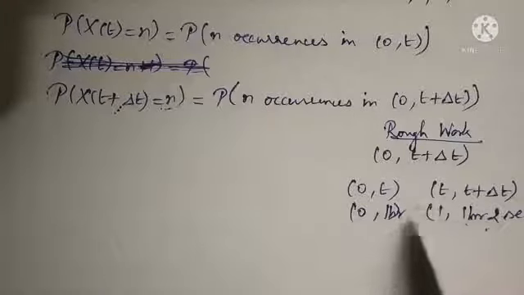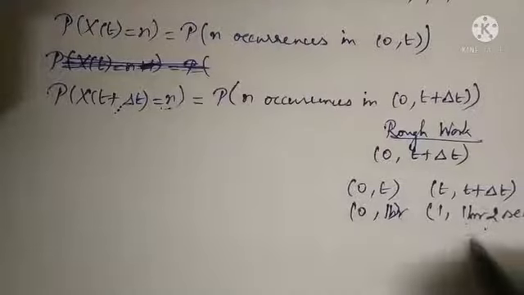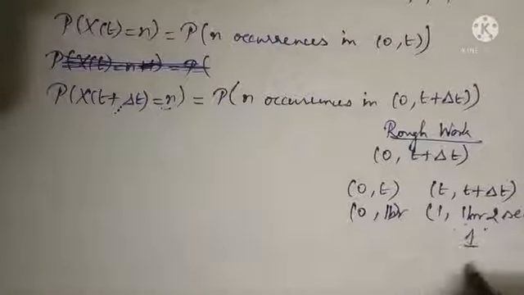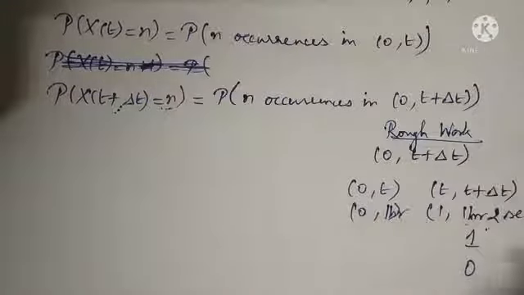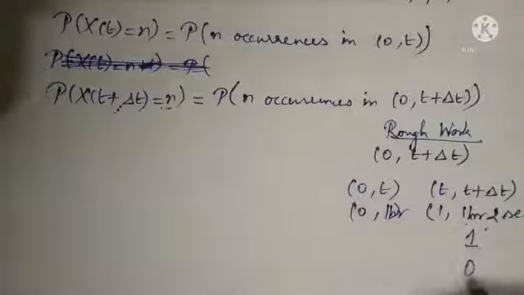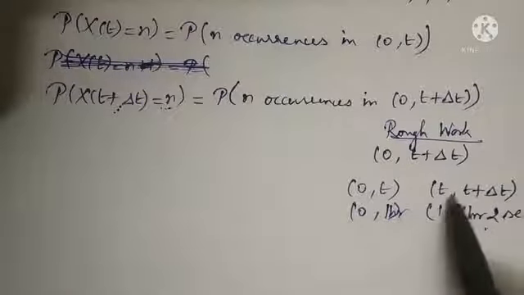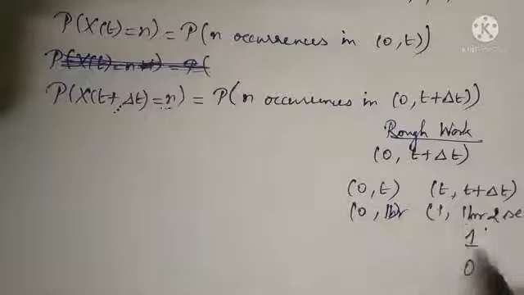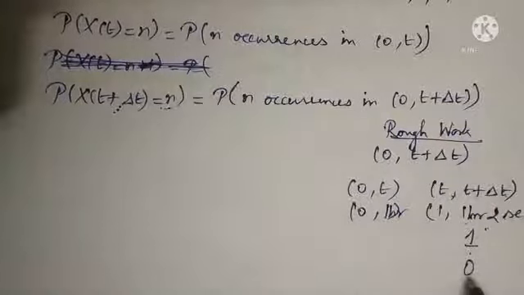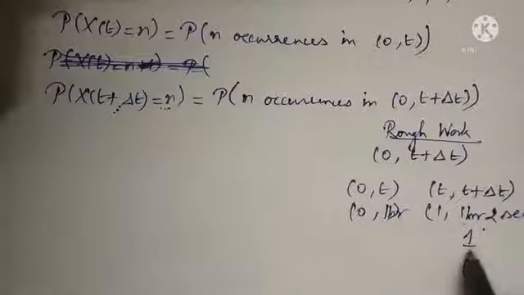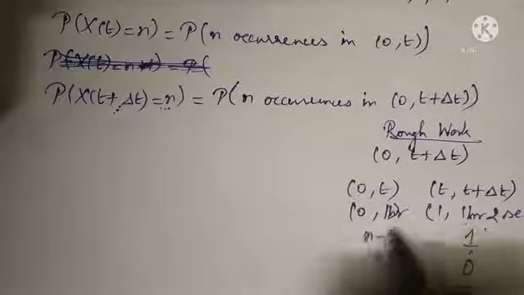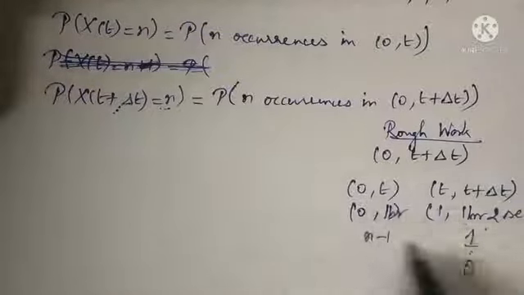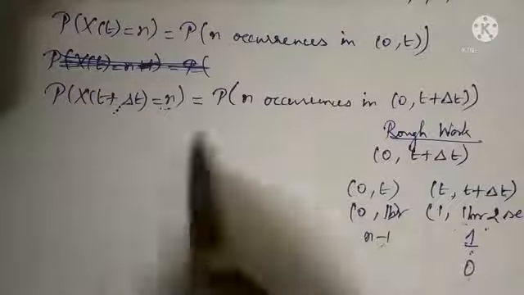So there are only two possibilities: here there may be one arrival or zero arrivals. The probability of two or more occurrences in the interval is 0, as we have already studied. If there is one arrival, the other n minus 1 arrivals will be in the interval 0, t, so that totally it becomes n occurrences.